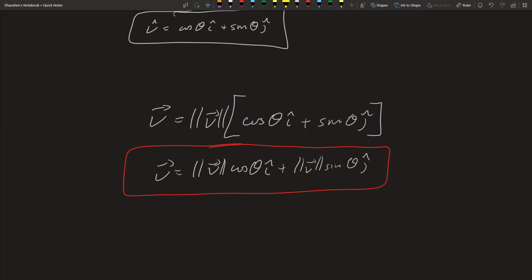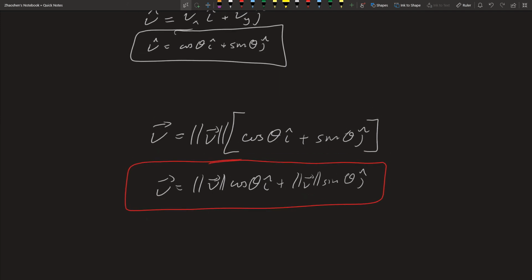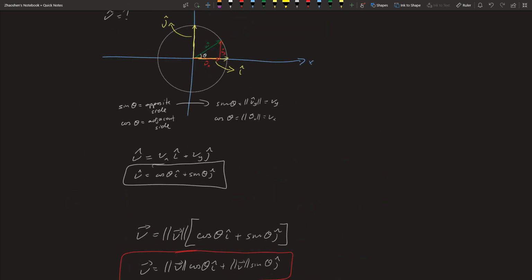Those two other vectors are basically I hat scaled upwards. Now, even though cosine theta was scaled down, magnitude will usually scale up because, in general, magnitude is bigger than 1. Of course, it can be less than 1, okay? But the ones that we'll deal with probably will be greater than 1. It doesn't really matter. But anyways, the main idea is you scale I up or down, and then you scale j up or down, and then you add them together to create any vector that you want.